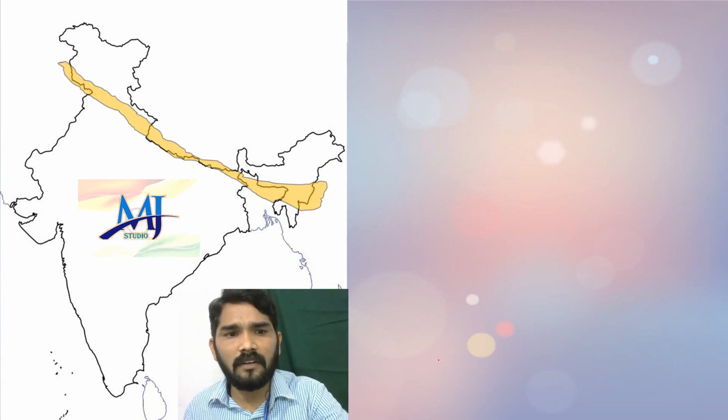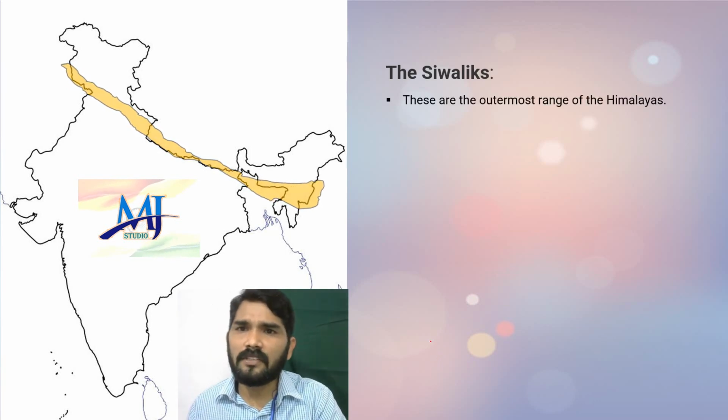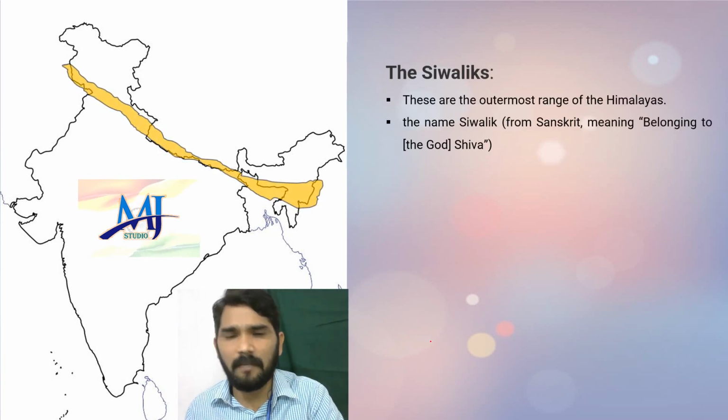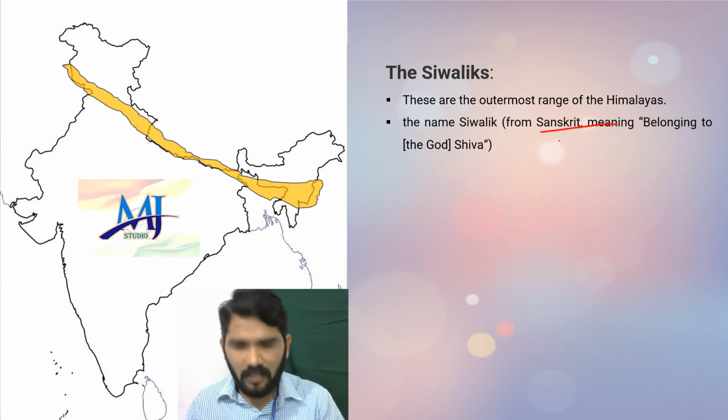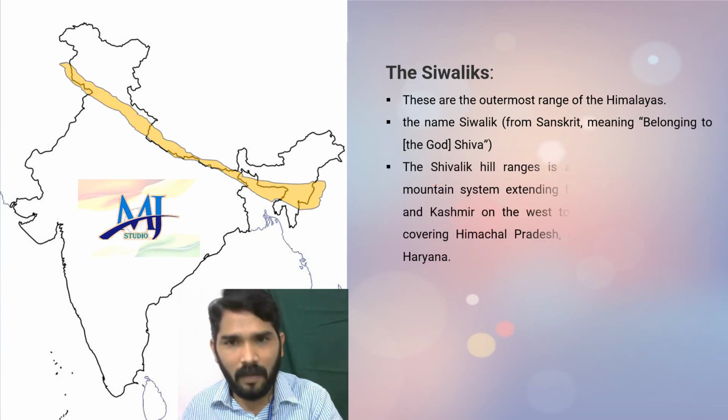And then the last one is the Siwaliks. Siwaliks are the outermost range of the Himalayas. The name Siwalik has come from the Sanskrit word which means belonging to God Shiva. That's the meaning of Siwalik.